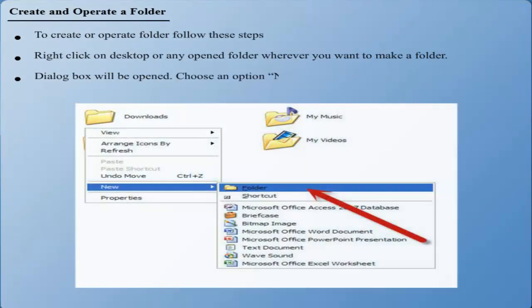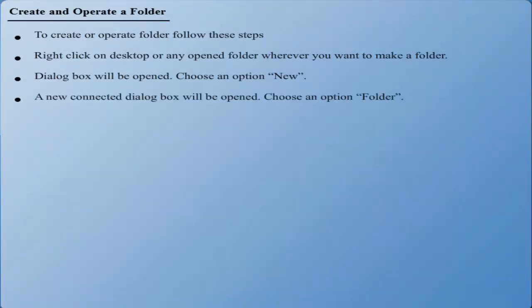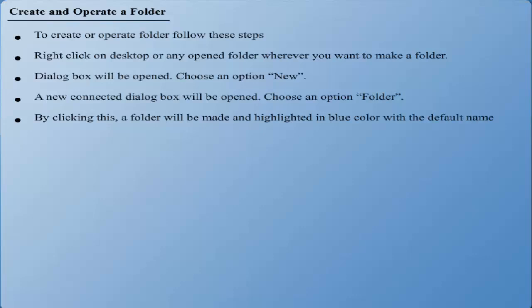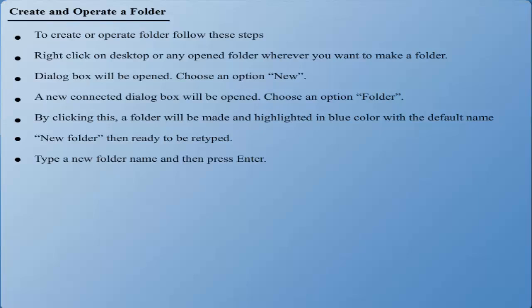After clicking this option, a new connected dialog box will open. Choose the option Folder. Number 4. By clicking this, a folder will be made and highlighted in blue with the default name New Folder, which is ready to be retyped. Number 5. Type a new folder name and then press Enter. Number 6. The folder is created and is ready to be used.